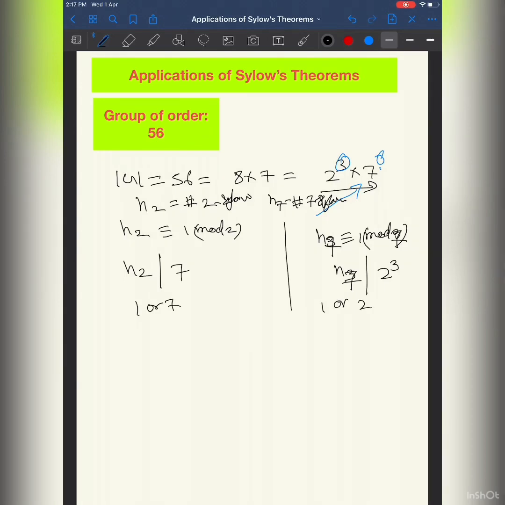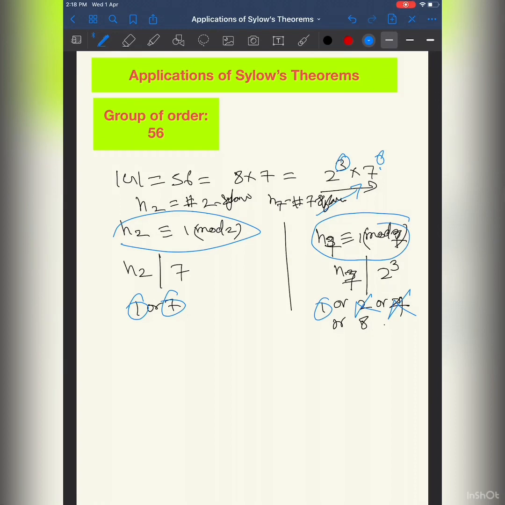Here 1 or 7, there 1 or 2 or 4 or 8. Now the 1 is always possible. 7 is also possible. For N7, 1 is possible, 2 is not possible, 4 is not possible, because 4 minus 1 is not divisible by 7, 2 minus 1 also not divisible by 7, but 8 minus 1 can be.